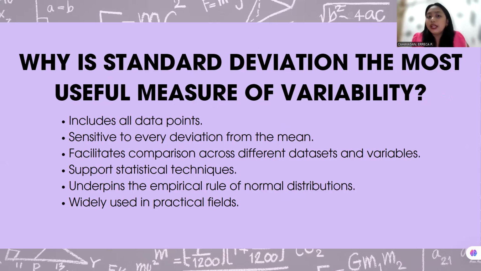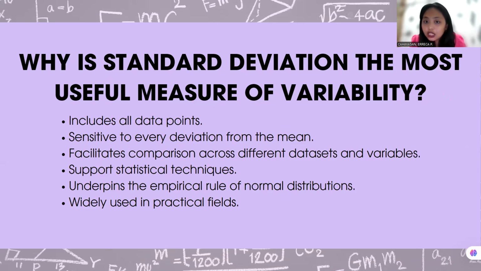Overall, in summary, the standard deviation is the most useful measure of variability because it incorporates all the data points, offering a complete picture of how the data is spread around the mean. Its sensitivity to every deviation makes it a precise indicator of overall variability.